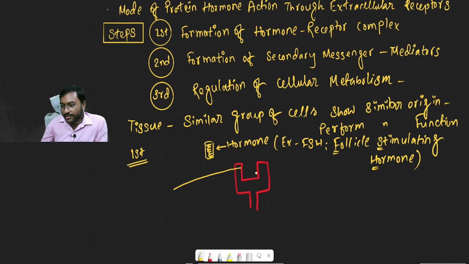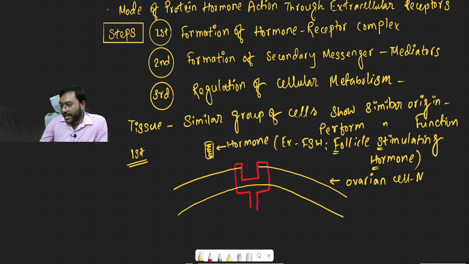So this is the plasma membrane or cell membrane. Actually, this is the ovarian cell membrane. We all know that the cell membrane contains a lipid bilayer.